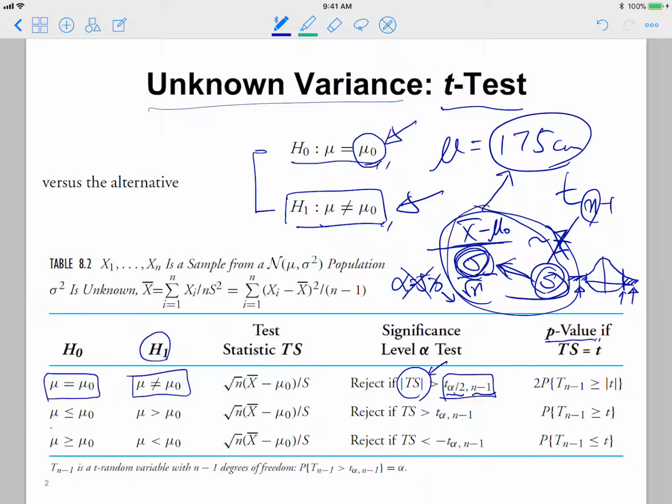In the case of a one-sided test, we want to claim that our mu is greater than mu 0. That's the claim that we want.